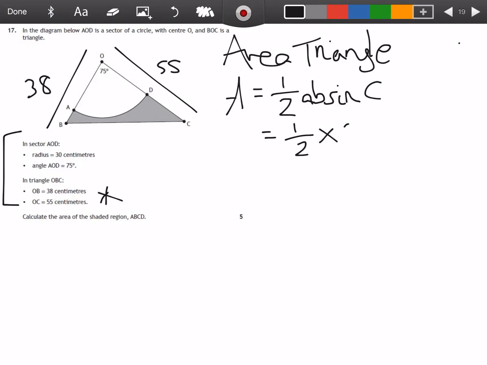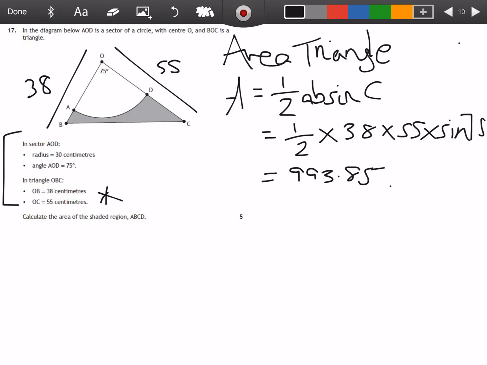So it's a half times 38 times 55 times sine of the angle in the middle, sine 75. Key into your calculator, 1 divided by 2 or 0.5, half times 38 times 55 times sine 75. About 993.85. That's the area of the triangle.